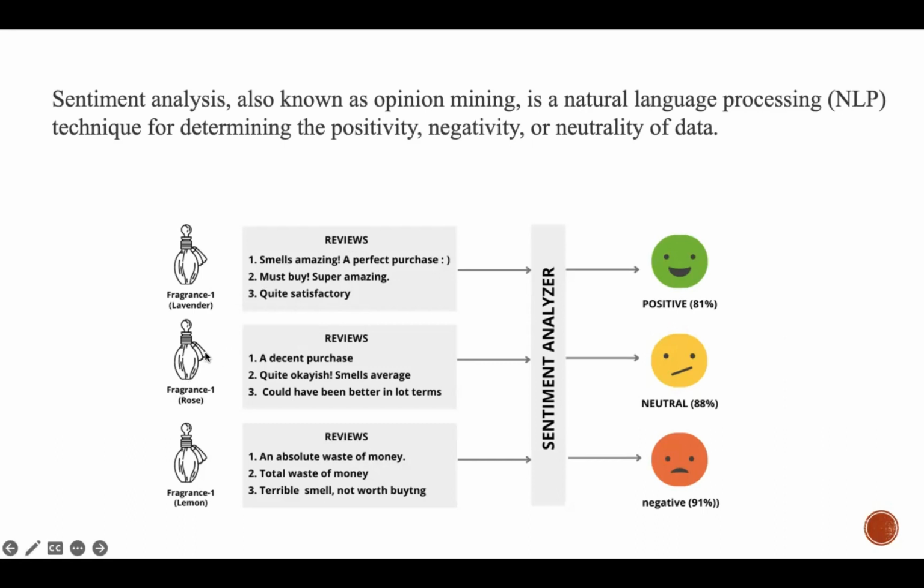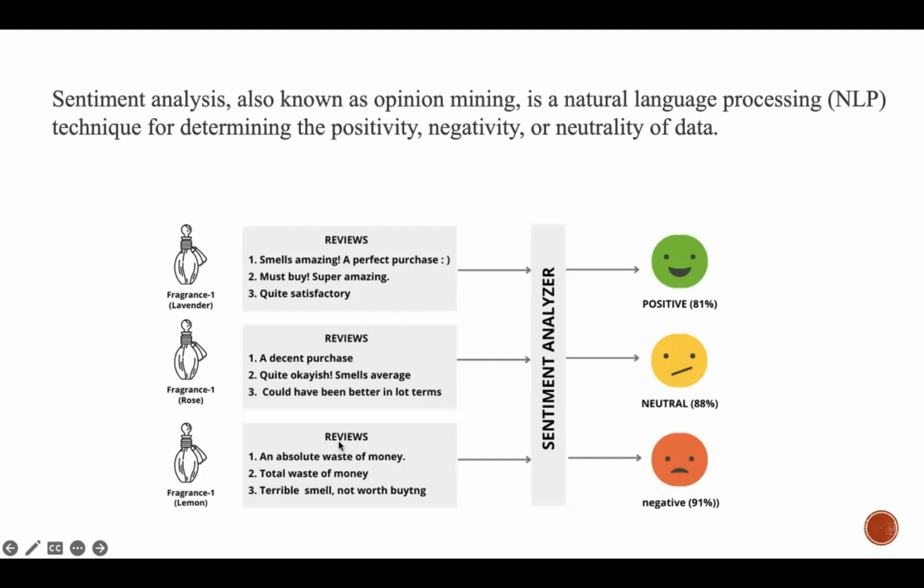And if you take the second fragrance, that is rose, here there is a neutral outlook among the customers, which means your company should not change its pricing. As it has a neutral outlook, you need to maintain the same prices.